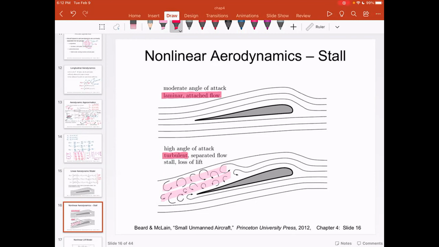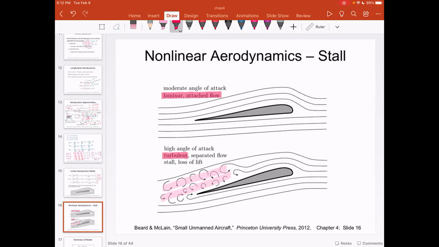That is something you will observe if you fly RC planes. If you increase the angle of attack on the wing significantly, aircraft instead of flying up behaves like a rock and nosedives.